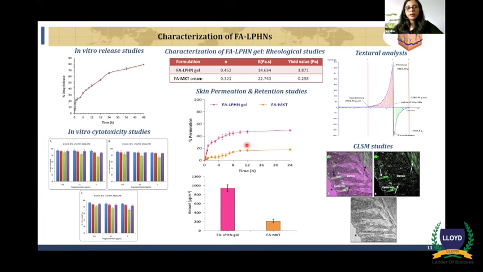Basically, when we are talking about treatment of burn wounds as well as associated infections, it is usually expected that initially there should be a burst release of the drug molecule, which can provide initial drug concentrations at the target site, followed by a sustained drug delivery which can continue for a period of 1 or 2 days or as many days.